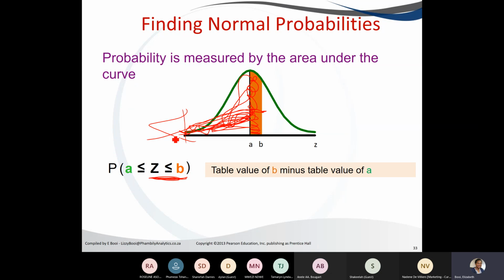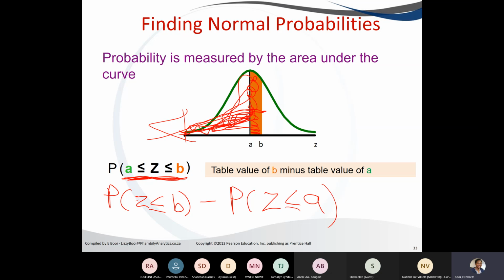We can just take the value we find on the table for z less than b and subtract from it the probability of z less than a. Then we find both of those probabilities and subtract one from the other. And that's how we do it.